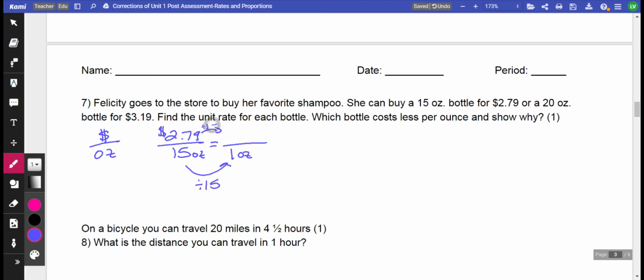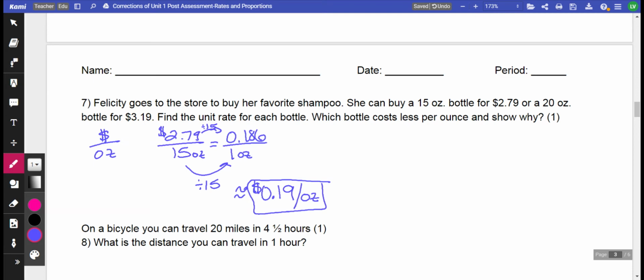So that means I need to divide the numerator by 15. This gives me 0.186, which is approximately 19 cents per ounce. We want to round to the nearest penny, which is the hundredth, the second decimal, because that's how we deal with money.